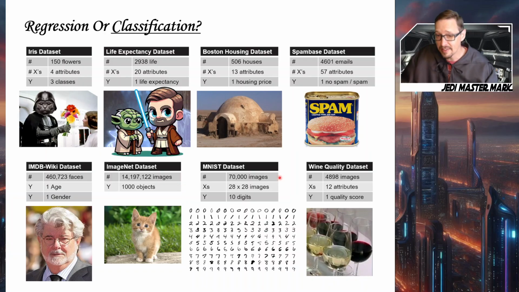MNIST has 70,000 images. These are 28 by 28 black and white images, and you're going to try to predict which of these 10 digits is this image. And then there's a wine quality data set with close to 4,900 images, 12 different attributes of the wine, and you're going to predict a wine quality score.